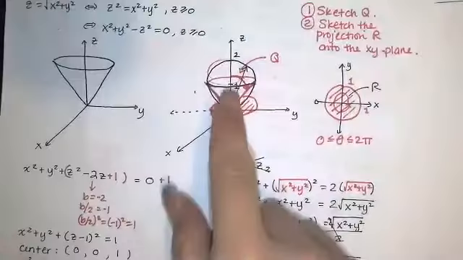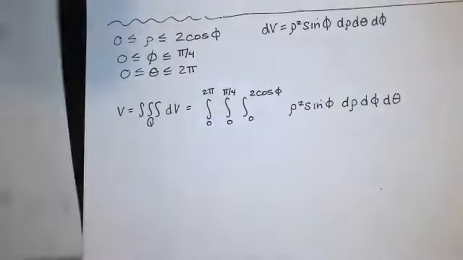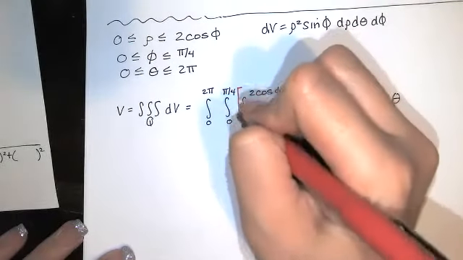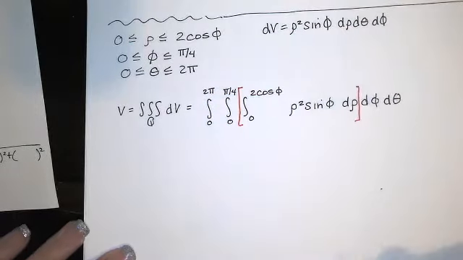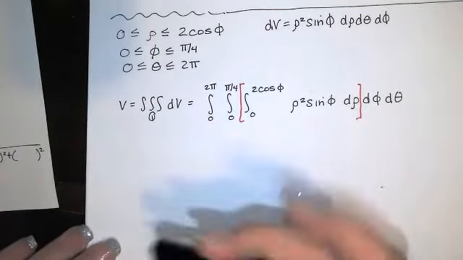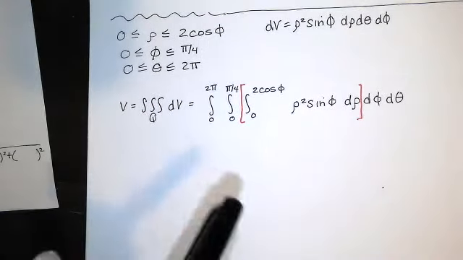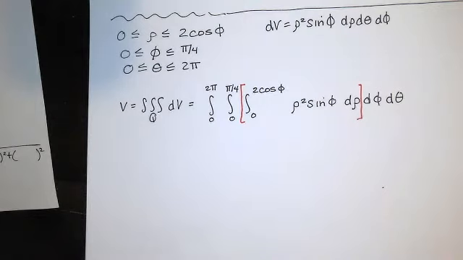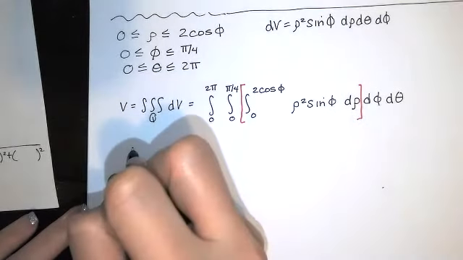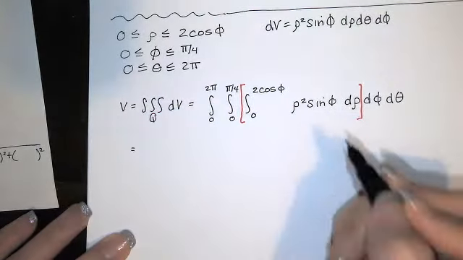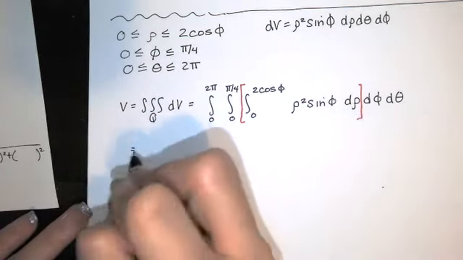Remember what we're trying to do. We're trying to find the volume of this guy. Now that we've set this up, we just evaluate the innermost integral and work our way out. So we're anti-differentiating this with respect to rho.